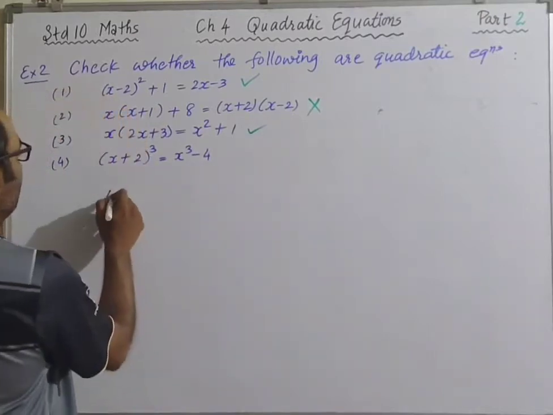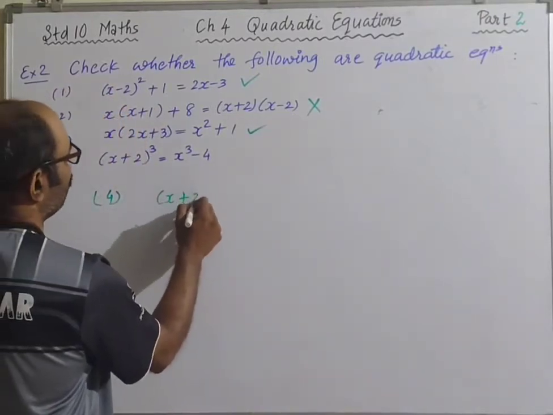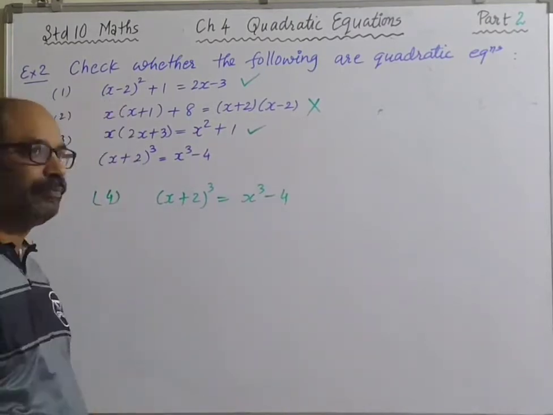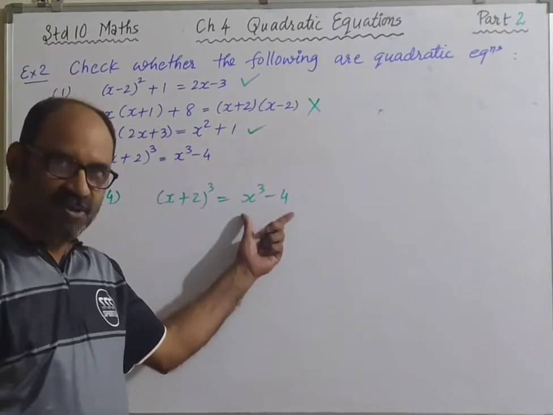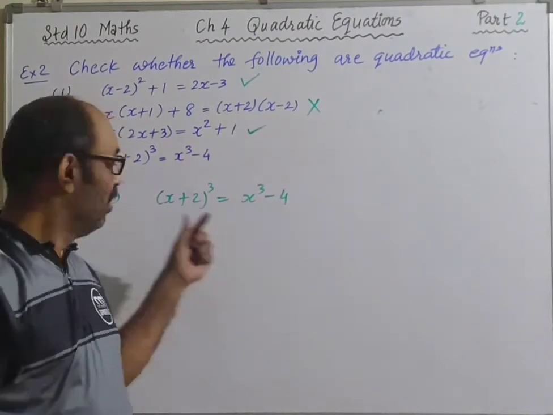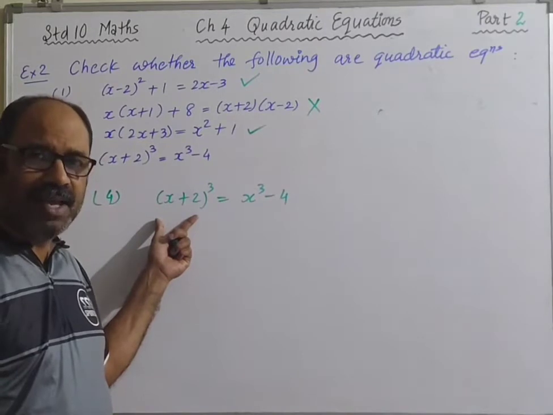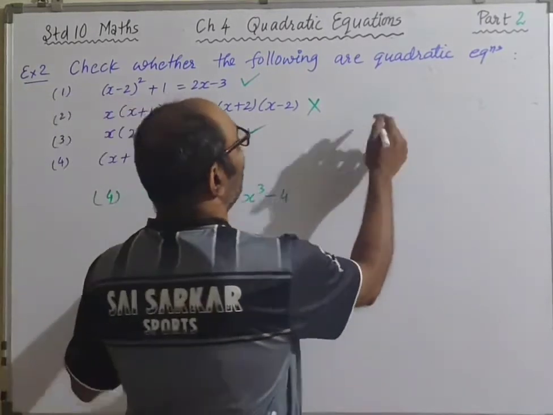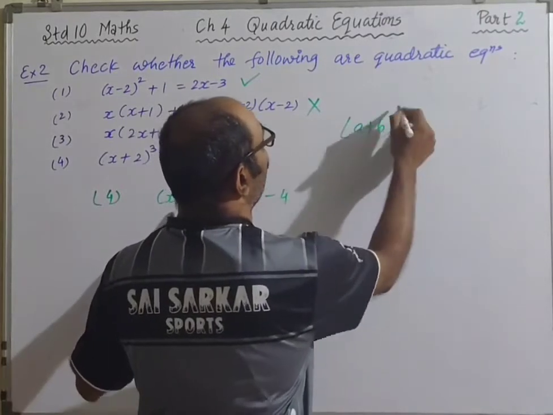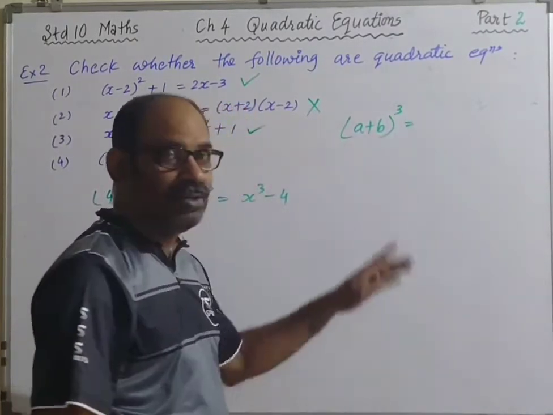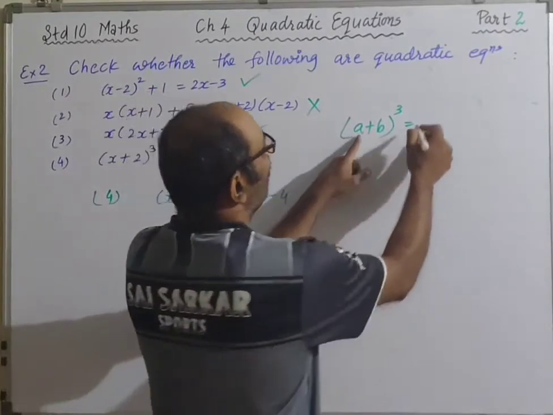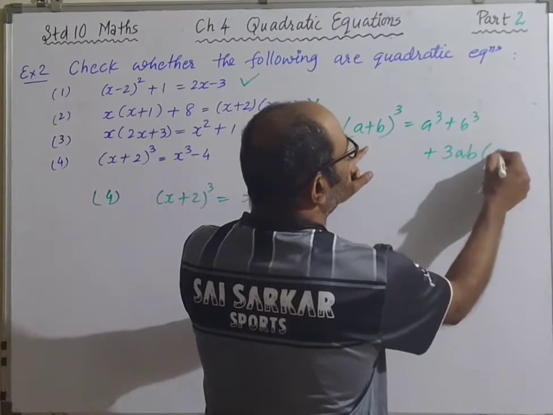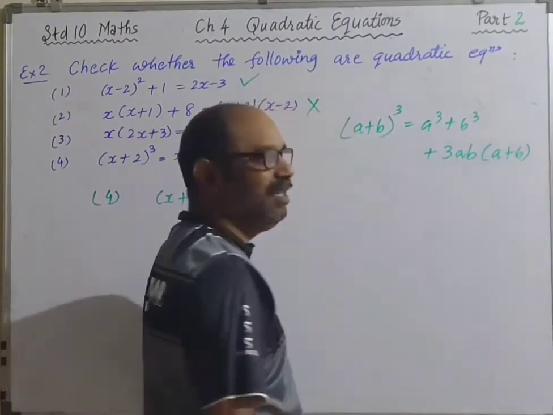Now the last one, number 4, (x plus 2) whole cube is equal to x cube minus 4. The right hand side has 2 terms and both are simple. The left hand side has only one term and it is the cube of a binomial. (a plus b) whole cube. So what is the expansion formula? a cube plus b cube plus 3ab into (a plus b).